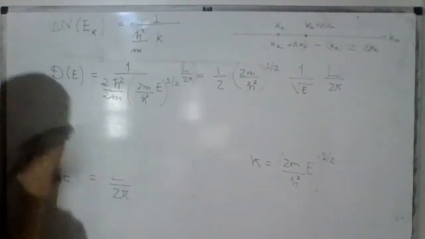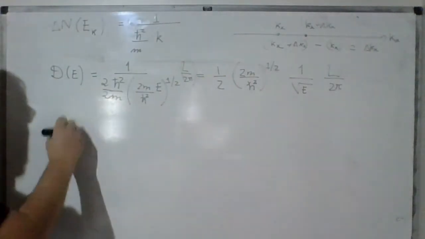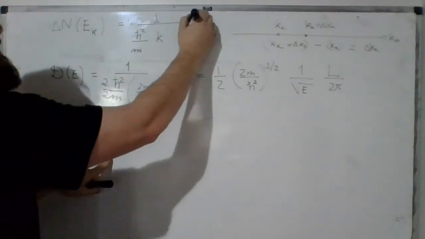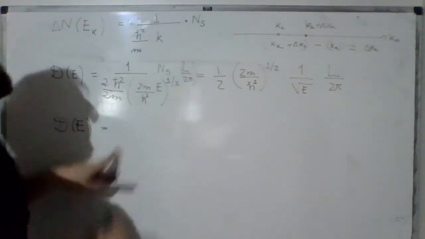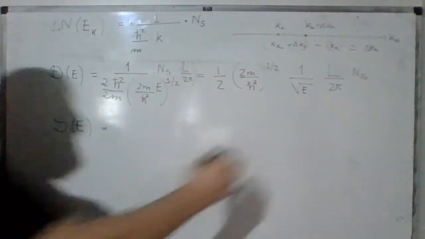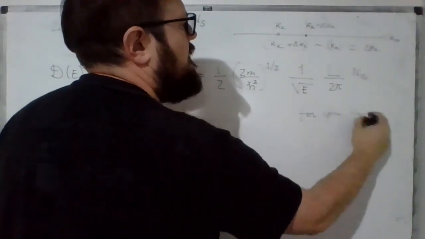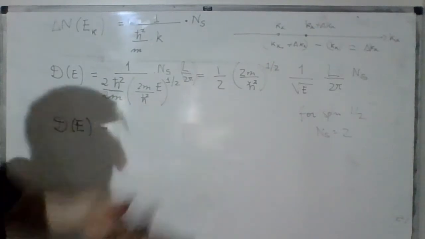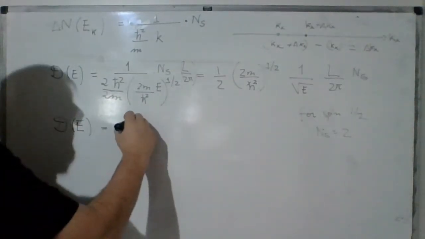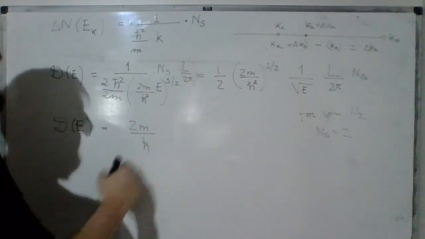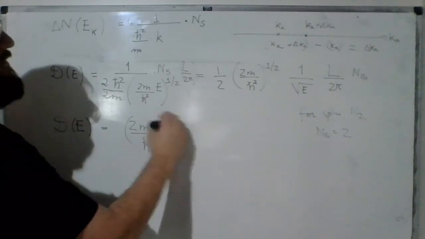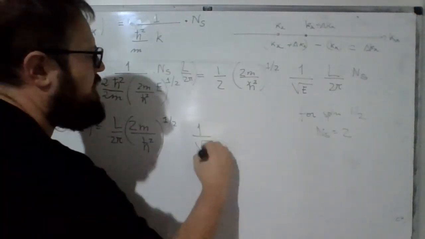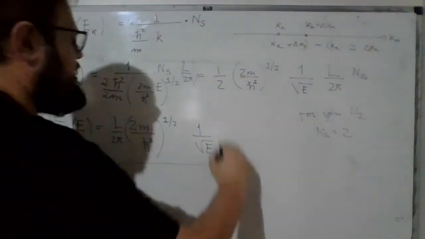So if you are not separating the energies by spin, you'll have d of E equal to, now we can insert here the degeneracy of spin, so it's times the ns for spin, and for spin half, this ns is equal to a factor of 2, which cancels this 2 here, and you have 2 over 2 times the square root of m over h bar squared, times L over 2 pi, and 1 over the square root of the energy. So this is for one dimension. This is the density of states.